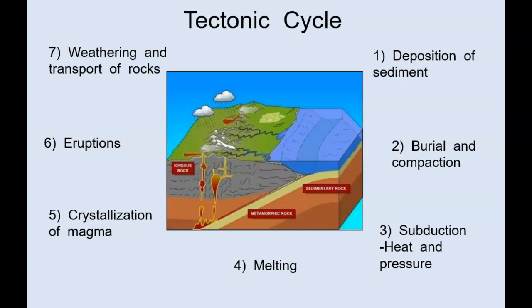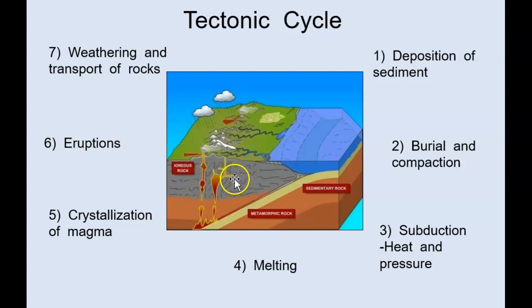But if, for example, that magma is able to continue its way towards the surface without cooling, and then once it reaches the surface, it erupts, then it becomes an extrusive igneous rock. Once it erupts and cools at the surface, it gets made into rock at the surface, then it's called an extrusive igneous rock.